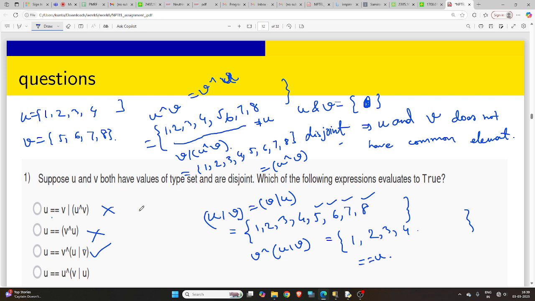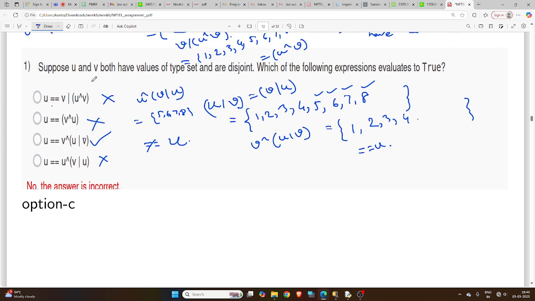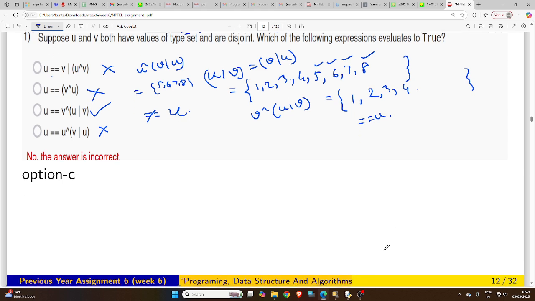So what will be the value if I write here U to the power V and U in the last option? It will come as 5, 6, 7, 8. So this is not equal because this is also not equal to U. I think it's understandable. Yeah, so option 3 is the correct one.